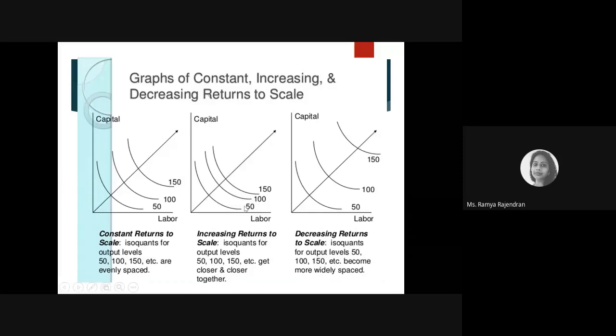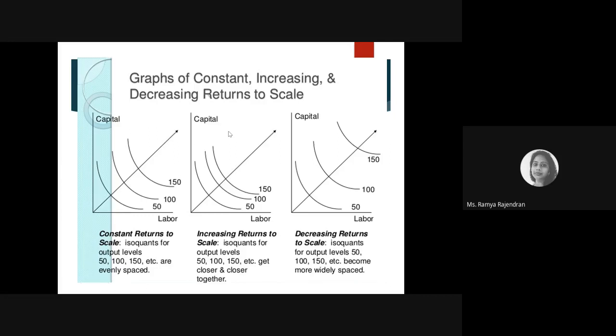For increasing returns to scale, if you increase the input by 10% and the output increases 15%, the isoquants will be closer together.